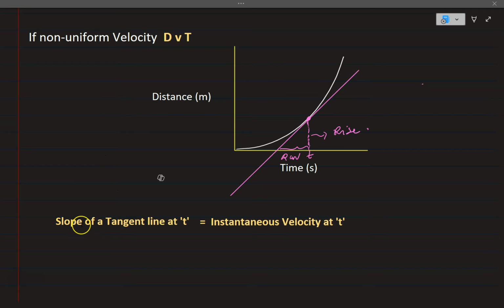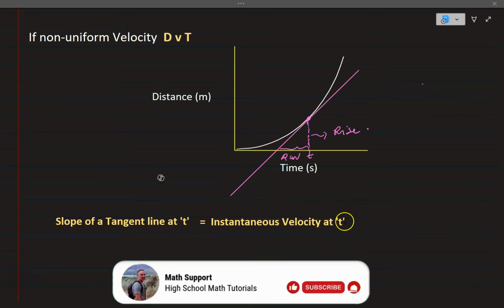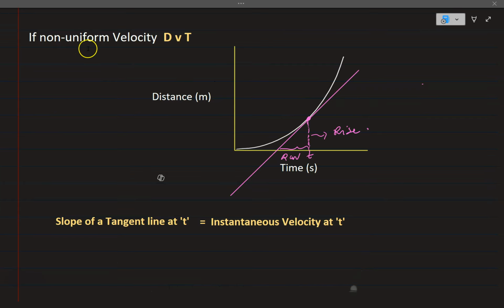So here it is: the slope of a tangent line at t is the instantaneous velocity at t for a motion that is not uniform. It's a non-uniform motion, that means non-uniform velocity. All right, and that's another example of the distance versus time graph, which is very important to remember.